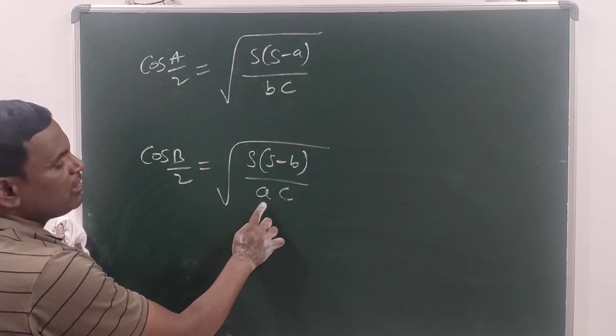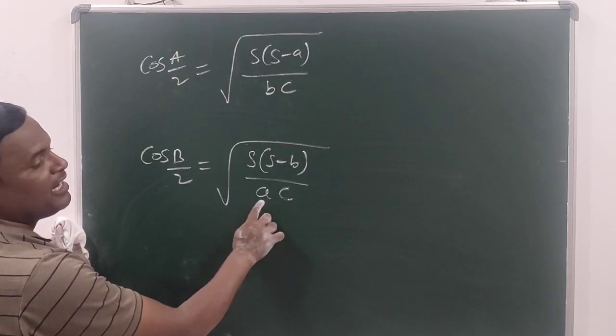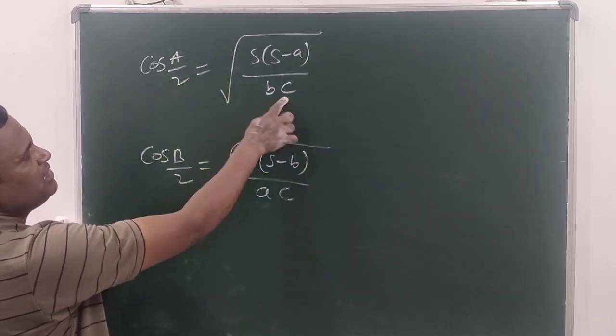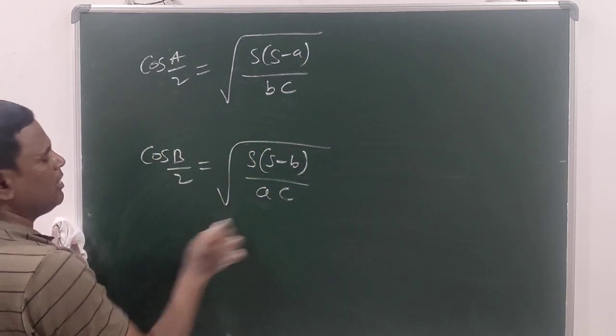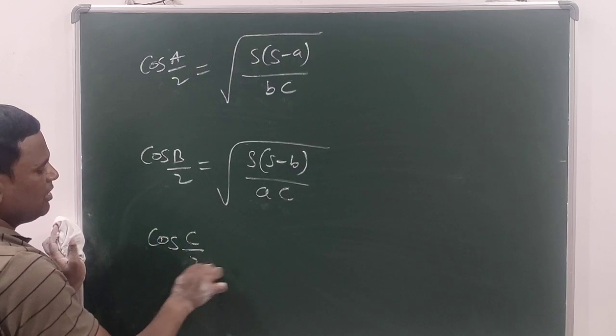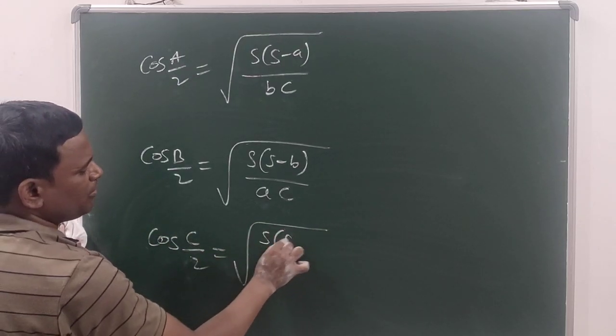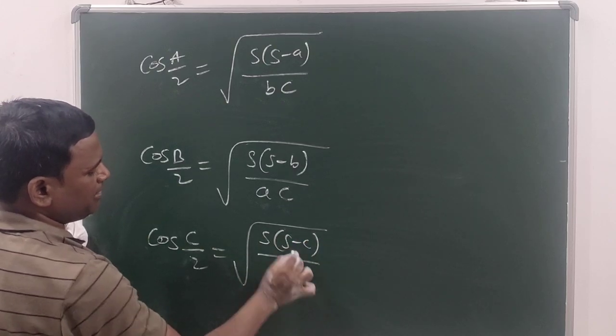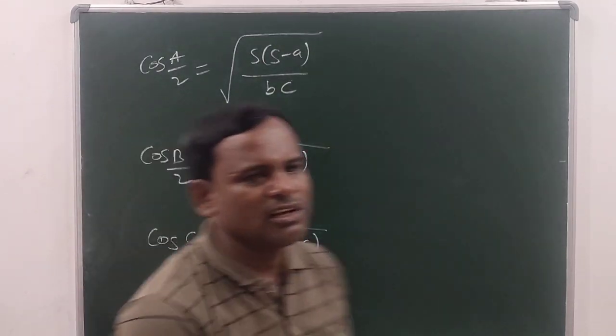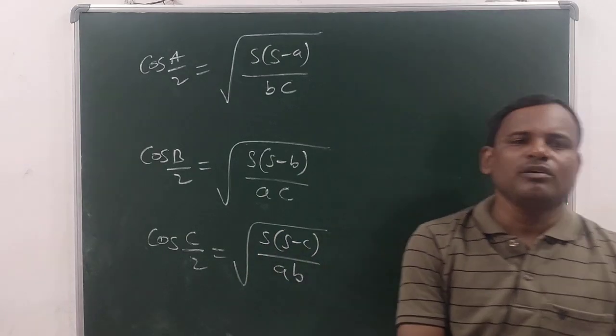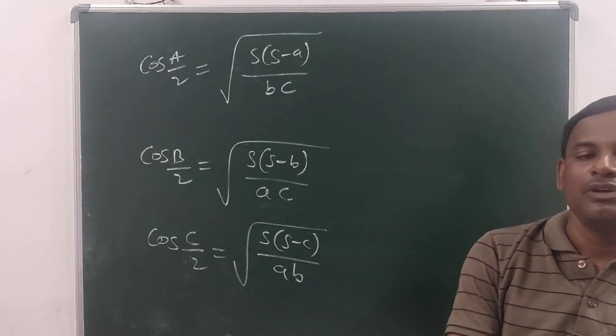Here for A, the bc combination came, here for B, the ac combination. Similarly, cos C by 2 is equal to, can you expect what we get here? s into (s minus c) by ab.